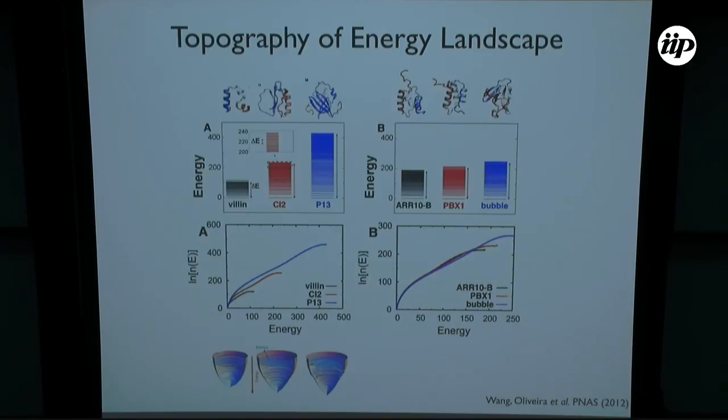We need to set up the density of states calculation in a more rigid way. So as you can see, we have the energy as a function of the density.